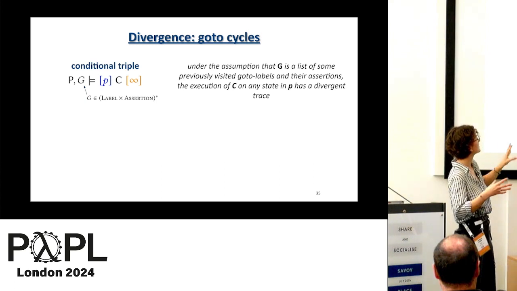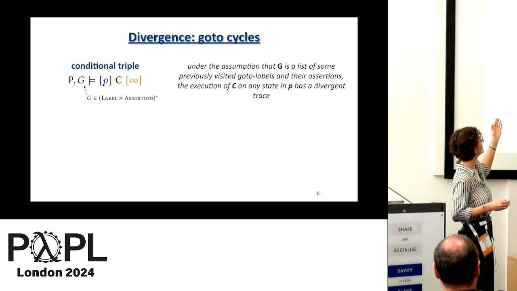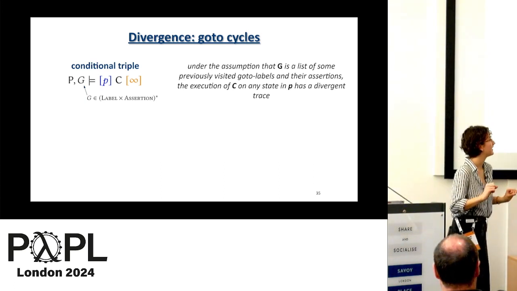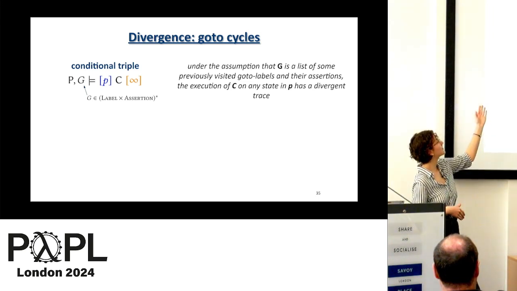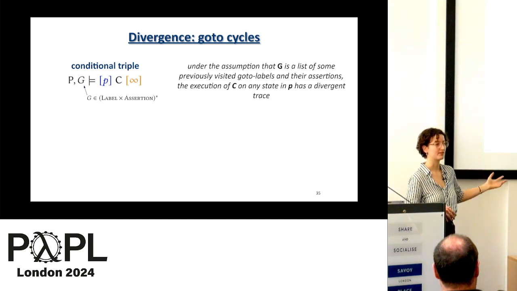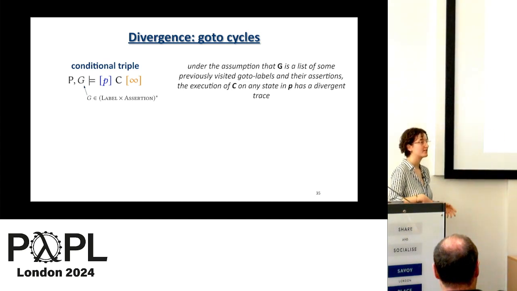So we say such a triple parameterized on G is valid under the assumptions that if G is a list of things that we've visited before, the triple PC infinity is a valid triple. So we say under the assumption that everything in G we've seen, that G is our history, we know that we have divergence.